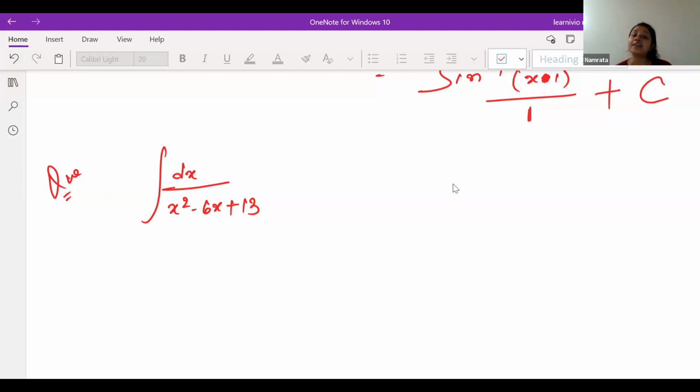But how will you identify which formula you are supposed to apply during the exam when all the integrals will be mixed up? At that time you will be so prepared by doing a lot of questions. Just by looking at the question you will be able to identify whether you can do this one, and you have to try that approach.